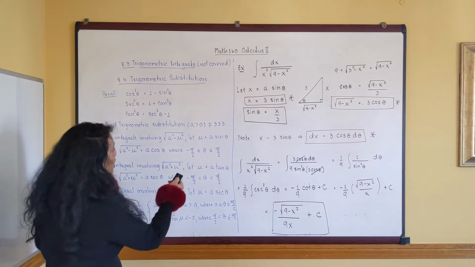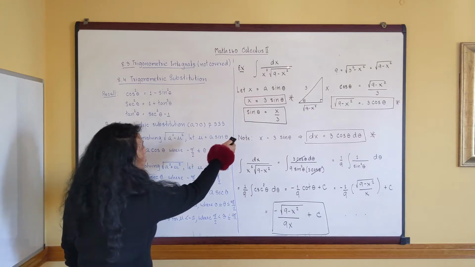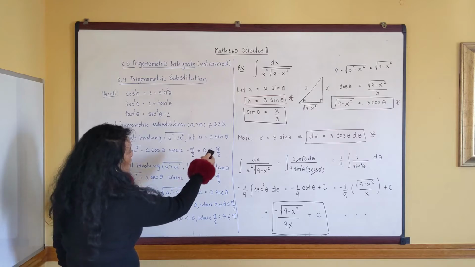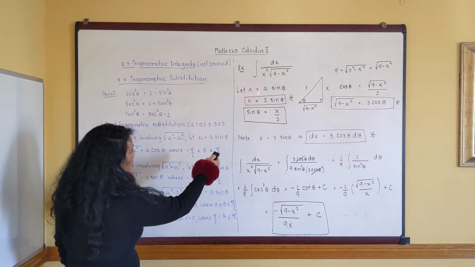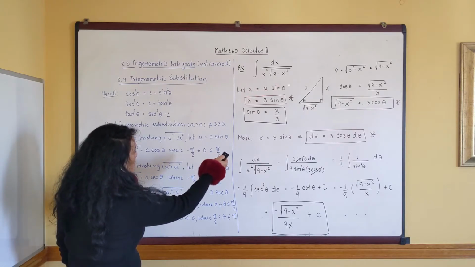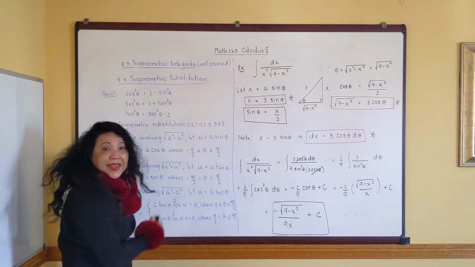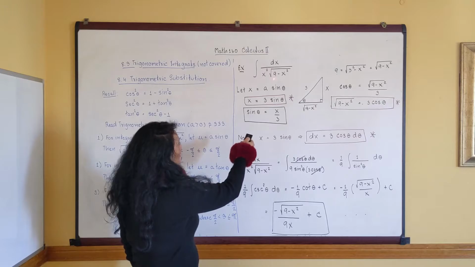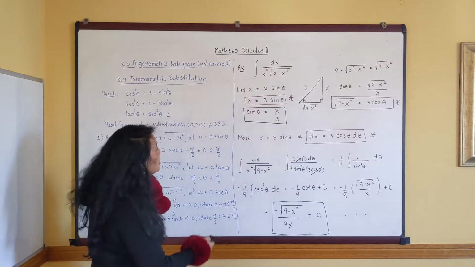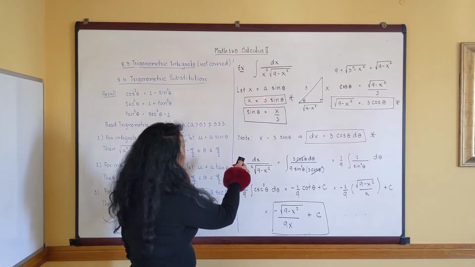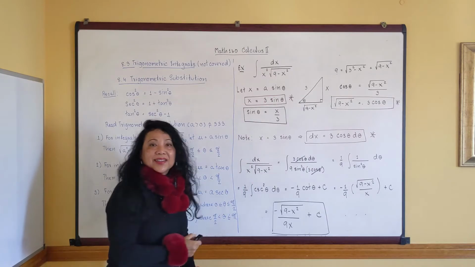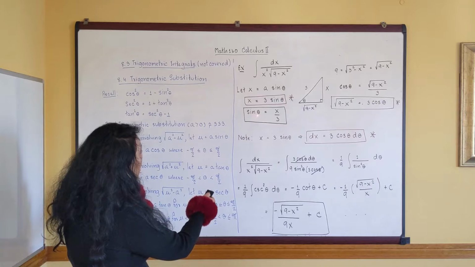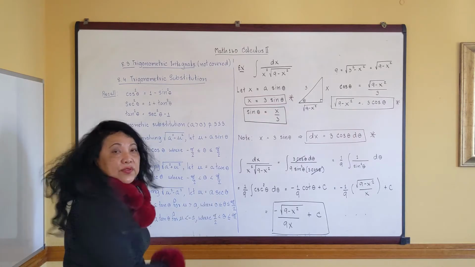Instead of u, I'm going to use x, so that I don't confuse it. x is equal to a sine theta, and since a is 3 because 3 squared is 9, x equals 3 sine theta. Then I'm just solving using algebra here: sine theta equals x over 3.